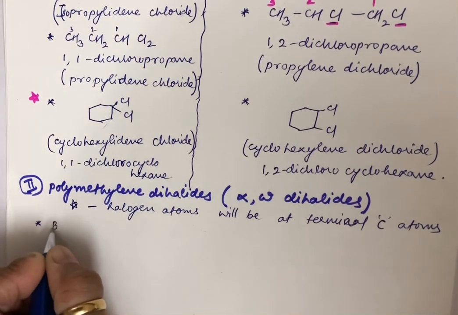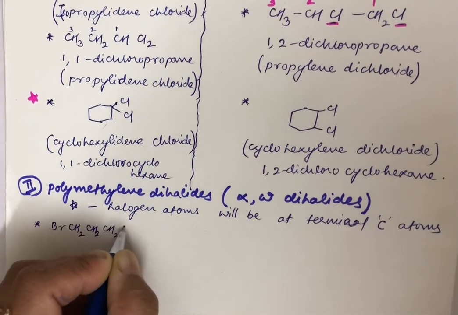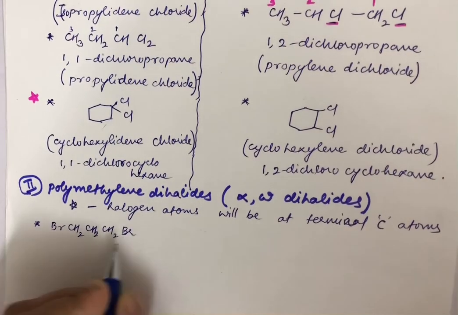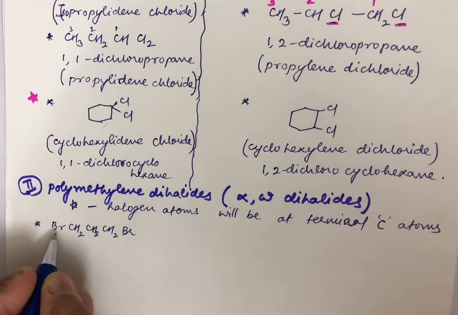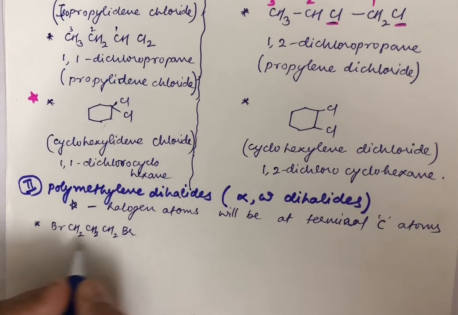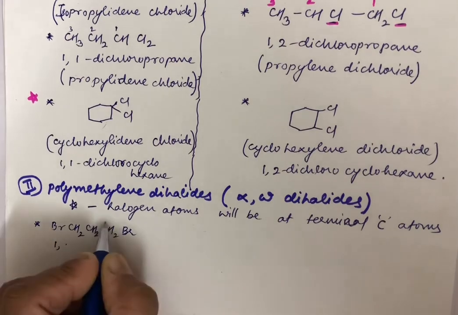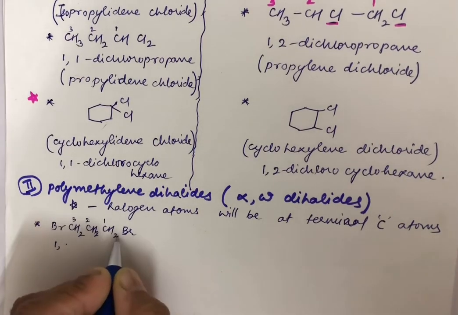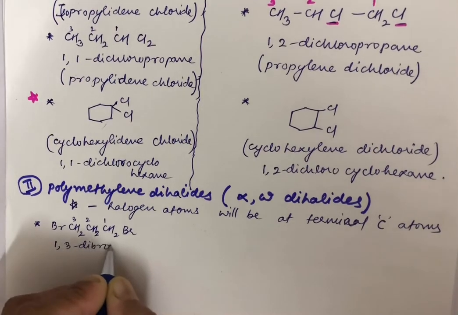See, I am giving you one example as Br, CH2, CH2, CH2, Br. You can see in this particular compound you are having dihalides, right? It is a dihalide because you are having two halogens, that is Br. Now how do you name this? You will name this in an IUPAC manner, suppose this is 1, 2 and 3, as 1,3-dibromopropane, obviously.